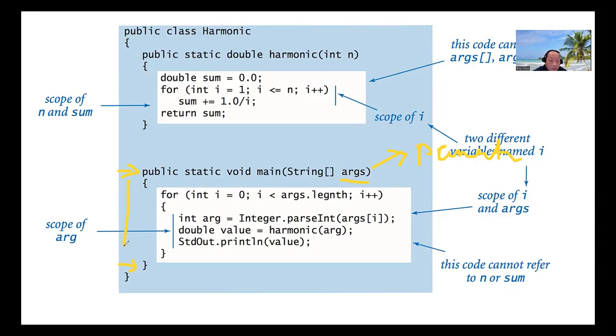So the lifetime of this argument is from the beginning of the function to the end of the function. It's called the scope. Scope is the lifetime of the variable. So the lifetime of this argument is from the function being called to the end of the function. Okay, any questions so far?